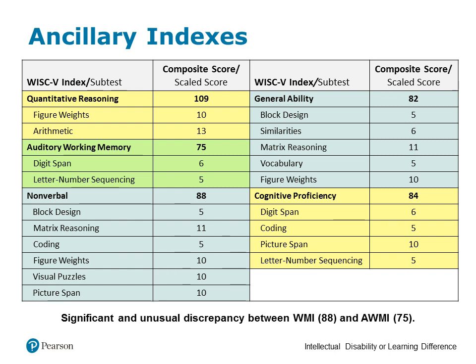We also looked at some of the ancillary indices, and you probably came up with some ideas about what you wanted to know a little bit more about when we looked at this secondary subtest on the working memory index, letter number sequencing. Digit span and letter number sequencing are combined to yield the auditory working memory index, and notice that that index is 75. The working memory index, as you know, has the visual as well as auditory modality, whereas the auditory working memory index has only the verbal modality.